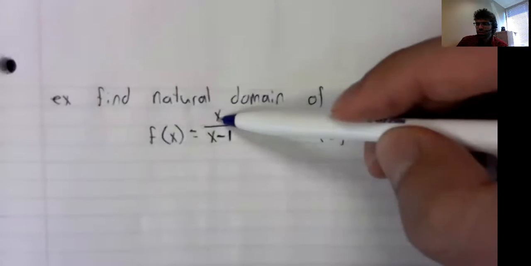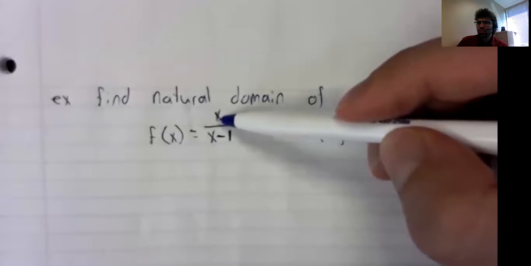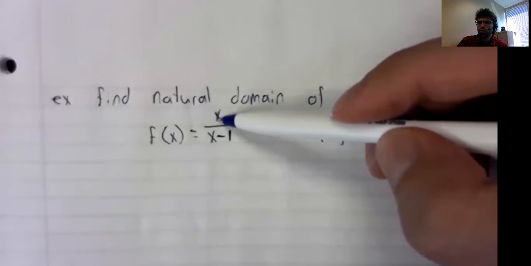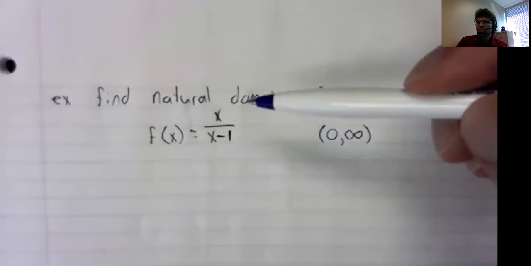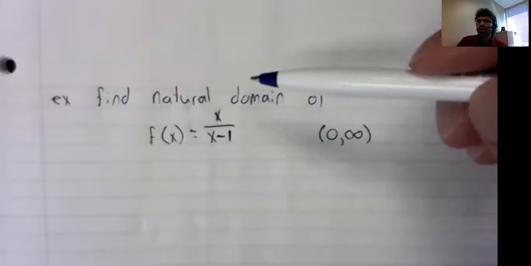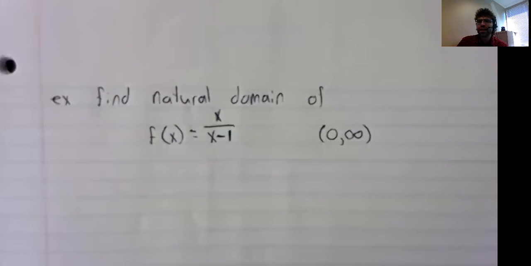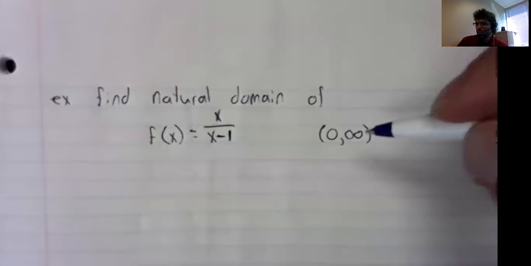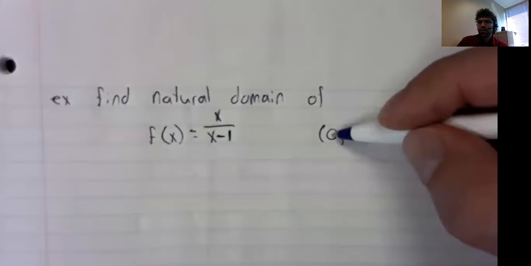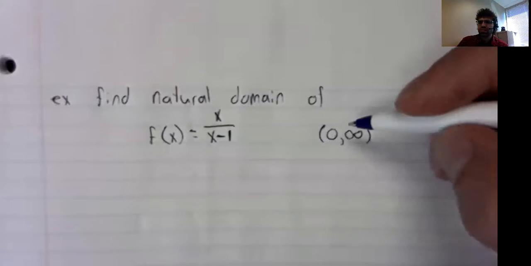So the student has some idea that x shouldn't be 0, which is incorrect, but then instead of just writing x isn't 0, they forget all about the negative numbers and give me this instead.